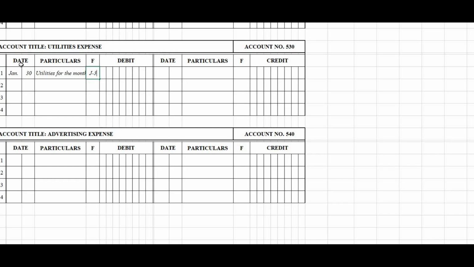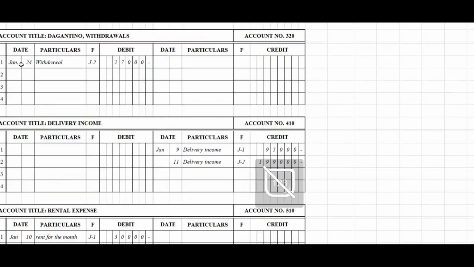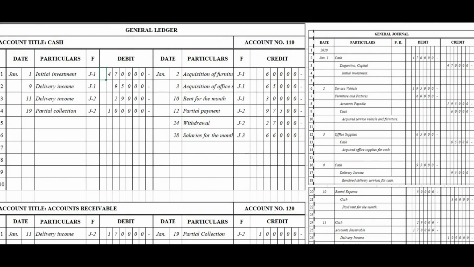So, that's J3, 29,600. Yan. So, yung partner niya, of course, nasa taas yung cash. Credit tayo ng 29,600 na cash. So, 30, that's utilities. So, that's J3, assuming that that's page 3. So, you have 29,600.